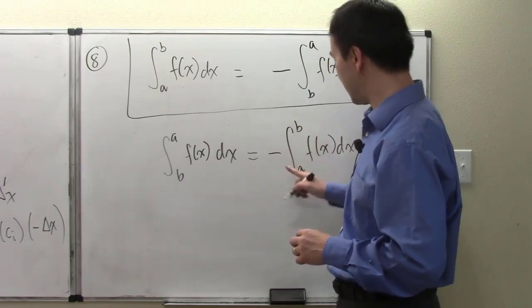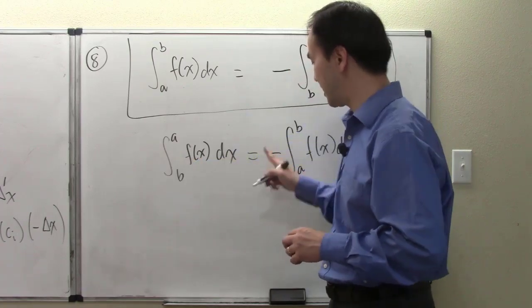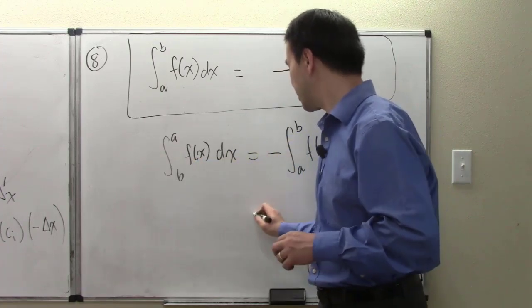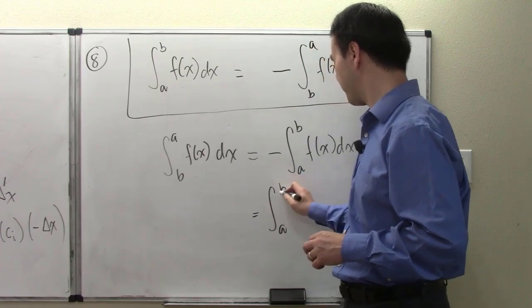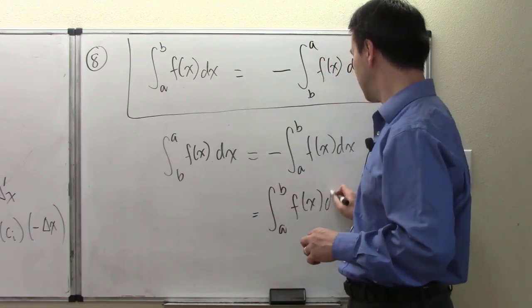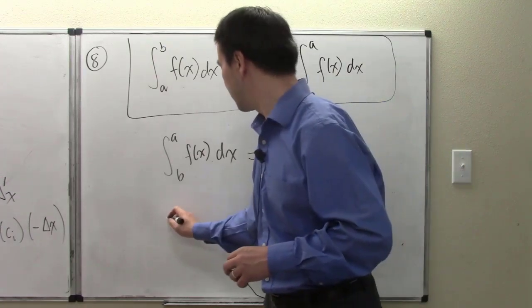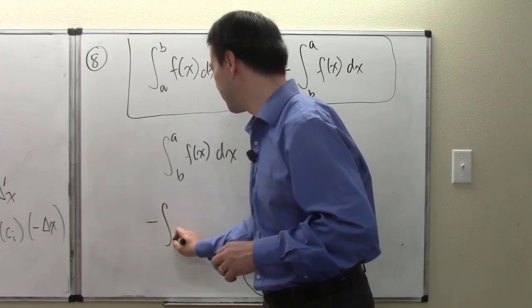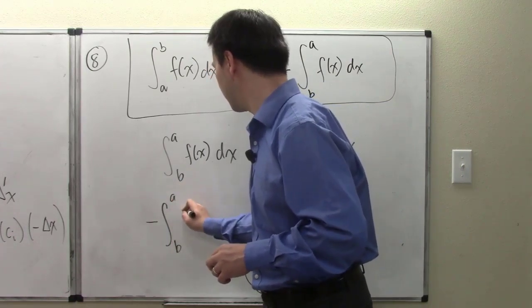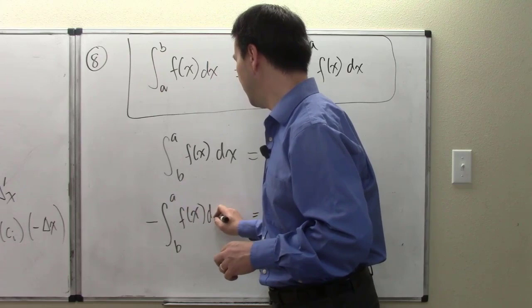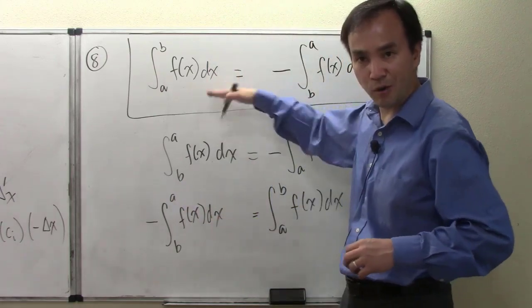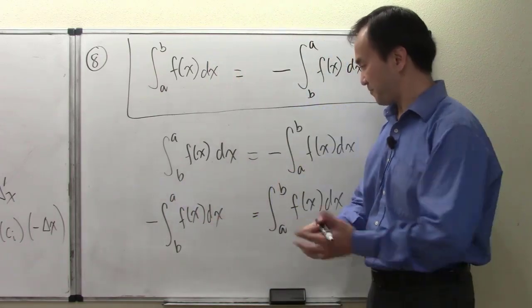If we multiply both sides by a negative sign, it leads to the integral from a to b of f of x dx equal to the negative of the integral from b to a of f of x dx. And that's how it makes clear property number 8.